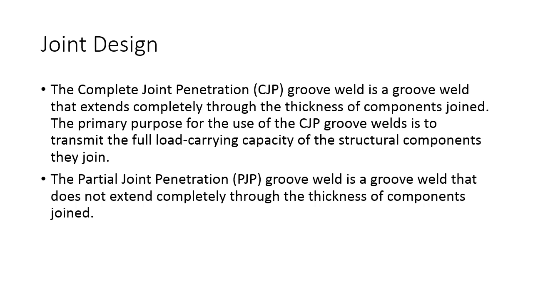The primary purpose for the use of a CJP groove weld is to transmit the full load carrying capacity of the structural components they join. The partial joint penetration PJP groove weld is a groove weld that does not extend completely through the thickness of the components joined. So it might not be as critical.